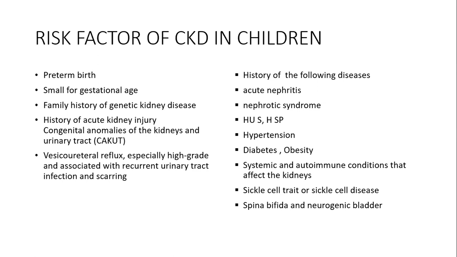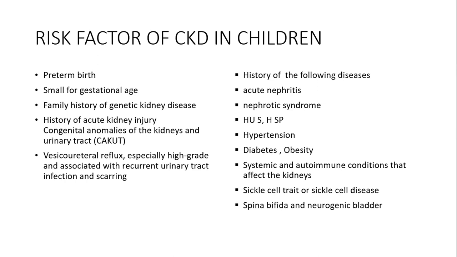Also, a family history of genetic kidney disease is an increased risk factor. Also, there is a history of acute kidney injury and congenital anomalies of the kidneys and urinary tract, as I said. Also, if the child has vesicoureteral reflux, especially high grade, stage 4 or stage 5, that is a high risk to develop chronic kidney disease.